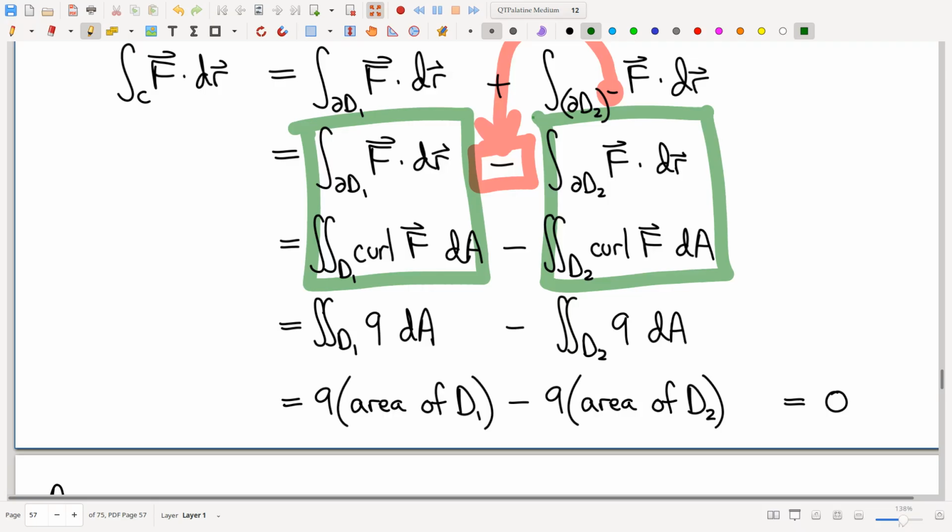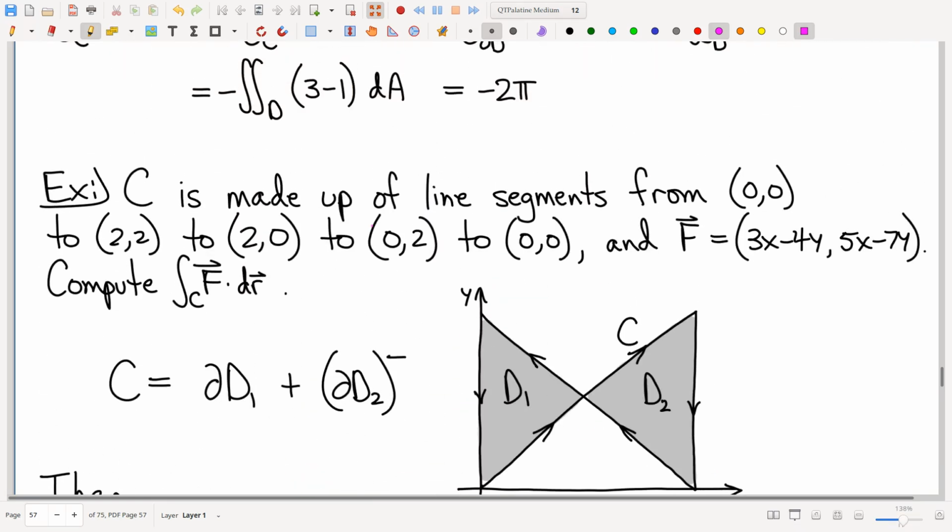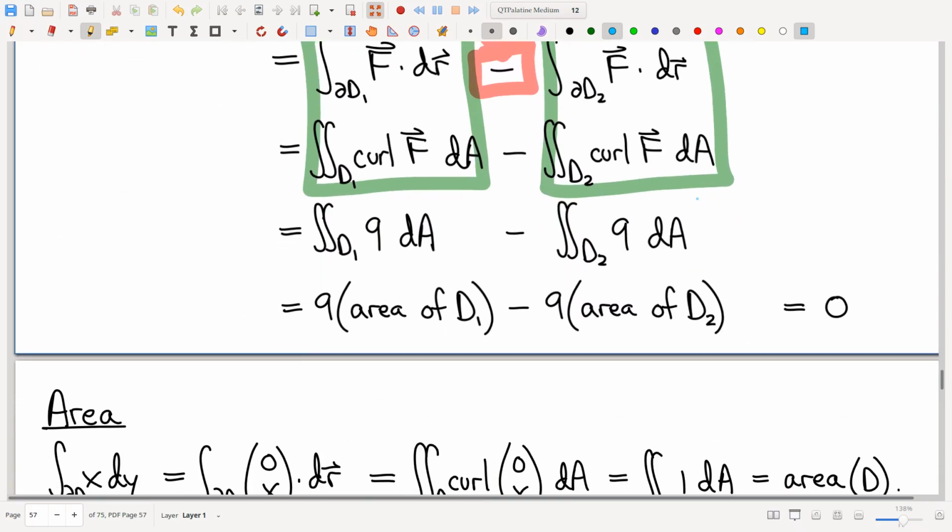So again, Green's theorem. And so now I've got a couple of double integrals. Now thankfully curl is easy to compute. We've got our vector field here. And the curl of that, well, you take the x partial of the second coordinate minus the y partial of the first coordinate. A couple of quick calculus derivatives there, and the curl is 9.